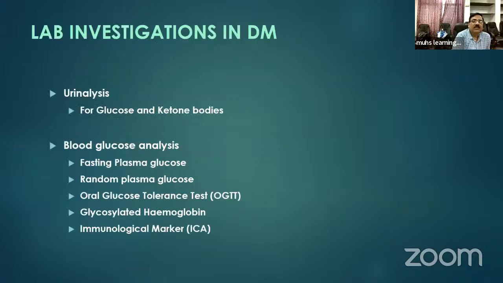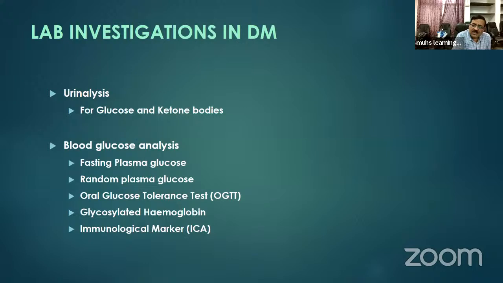How to investigate? To investigate, you have to do the urine analysis. It is the simplest one to do. Anybody can do. There are strip tests available, and they give the answer in band form, 1 plus, 2 plus, 3 plus, 4 plus, and like that. The urine analysis by strip is not a reliable sign.